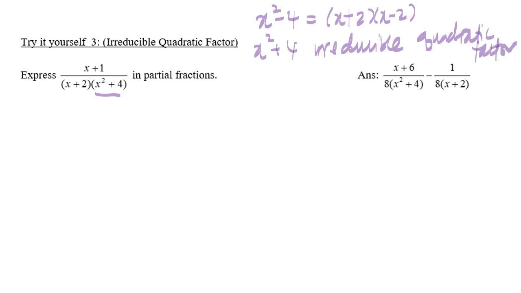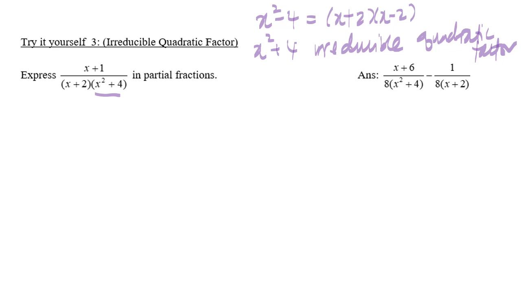So when you examine the denominator, you have to look at it carefully. And the next thing also, you need to check if it's a proper fraction. After doing this, you can just apply what we have learned.